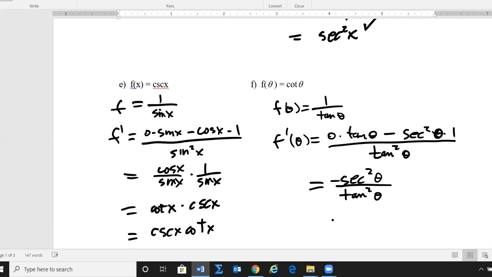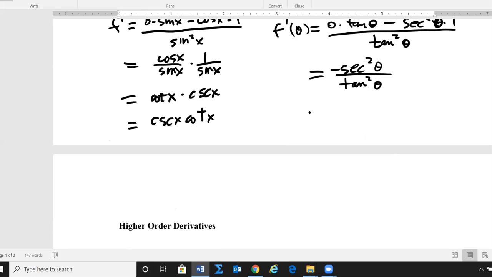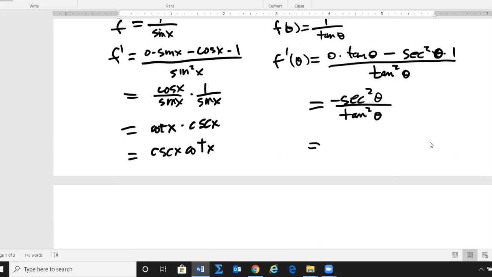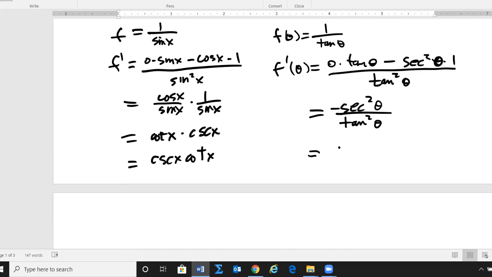Now, we could probably get this down to something a little nicer. Let's get it in sines and cosines. It's a little nicer. Okay, so this is minus 1 over the cosine squared theta times cosine squared theta over sine squared theta.